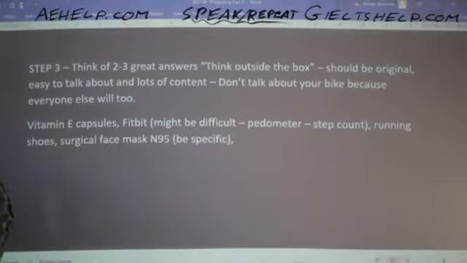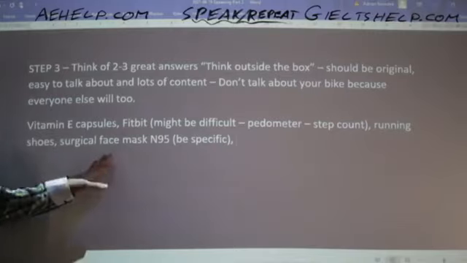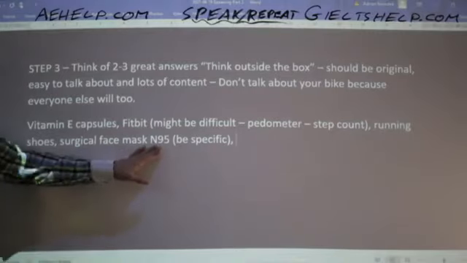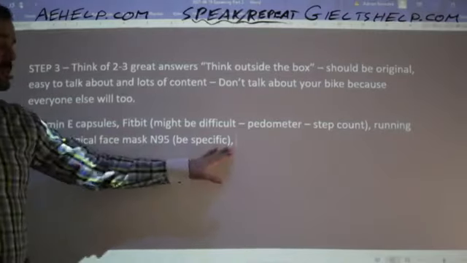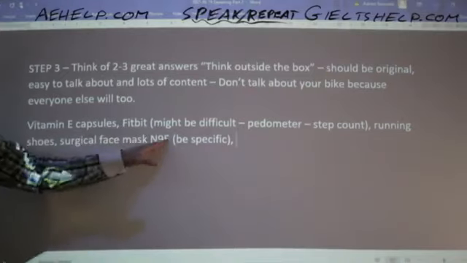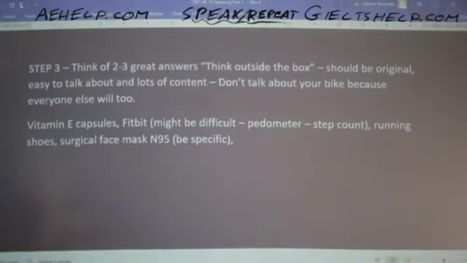Be specific. So if you're going to choose talking about a surgical face mask, an N95 type filter, be specific, okay? There will be more content when you are specific with your answers, okay?